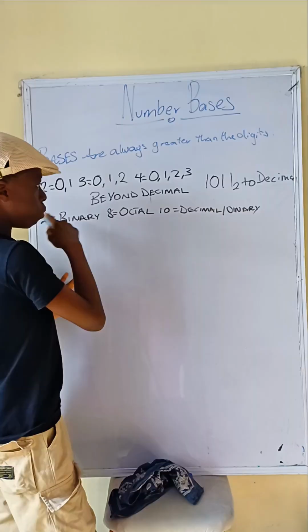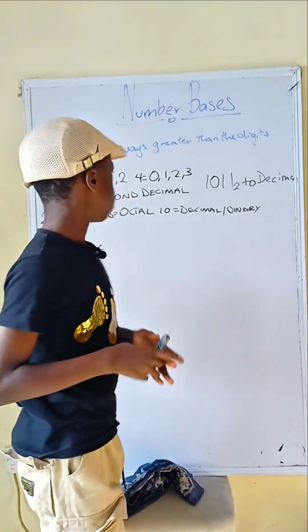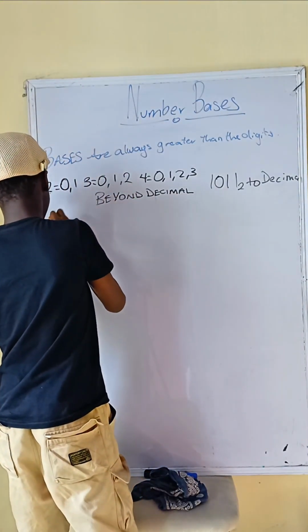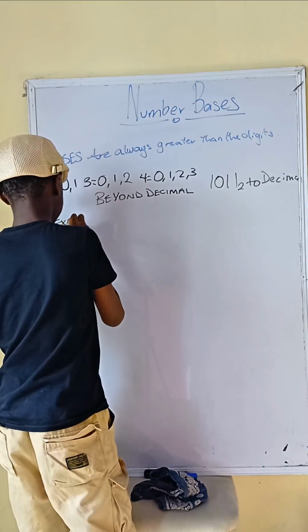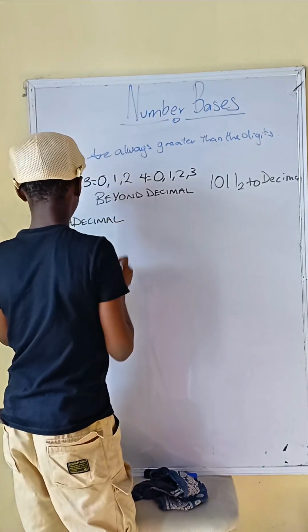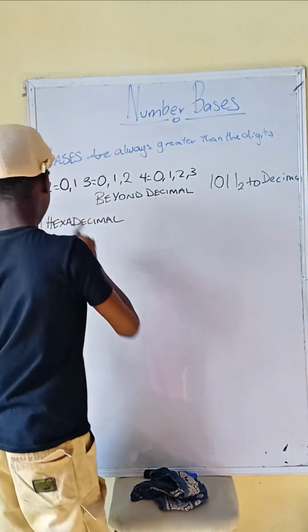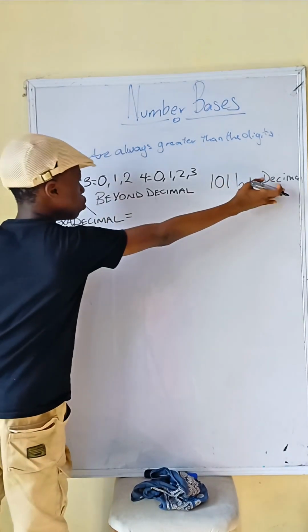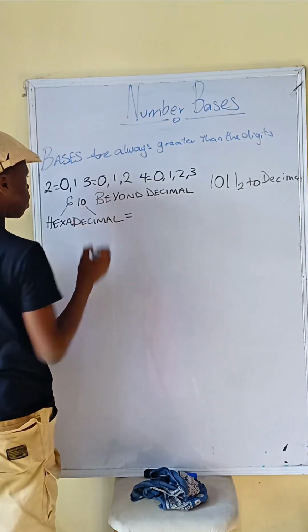So let's go beyond decimal and let's see if we know what hexadecimal is. As you know, hexa means 6 and decimal, as I told you before, is referred to as 10.